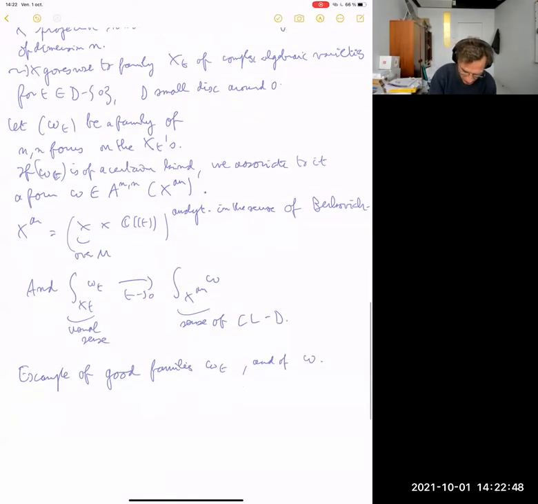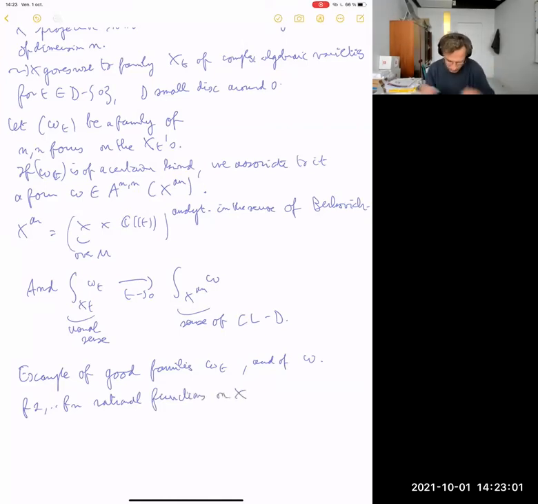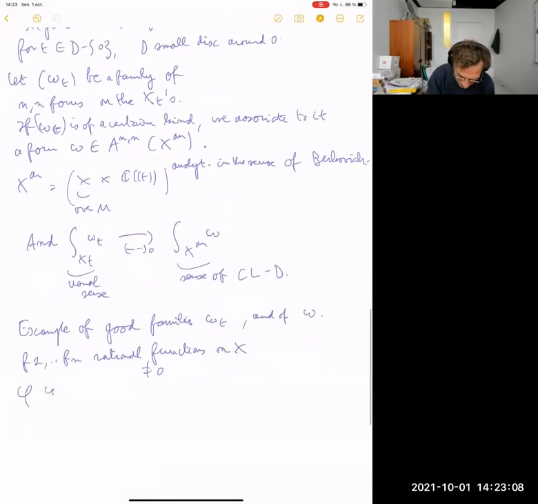So let f1, ..., fn be rational functions on X. It is a projective variety, so it has no non-trivial invertible function, but I take rational functions, non-zero. Okay, and let phi be a compactly supported smooth function on R^n.